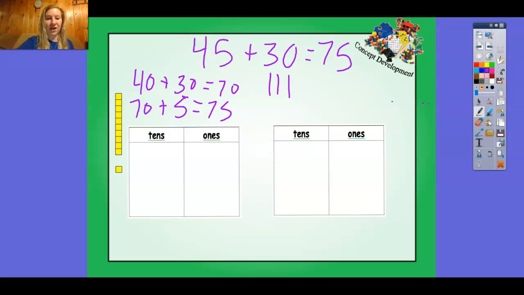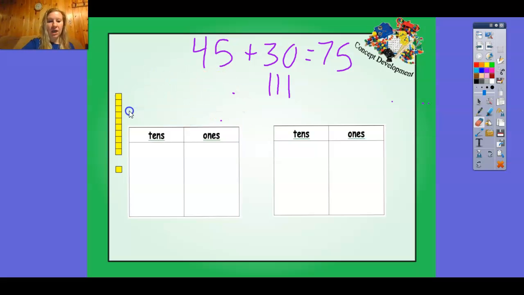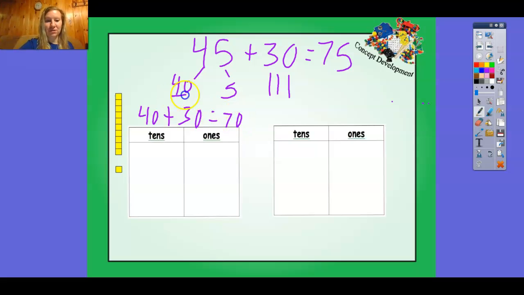We could break this 45 into a 40 and a 5. We can say the 40 plus 30 equals 70. So we use the 40 plus the 30, and then we have to use the 5. So 70 plus 5 equals 75.